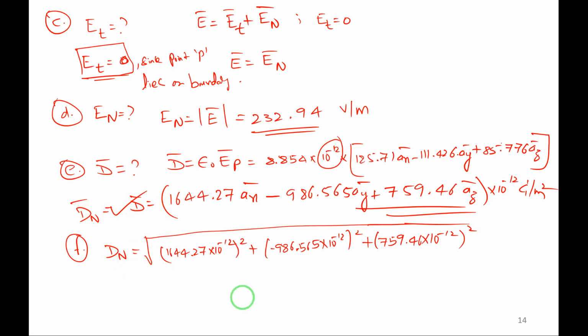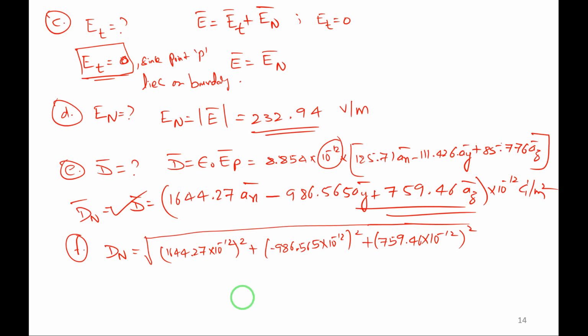So root of open bracket 1644.27 exponential minus 12, square, plus open bracket 986.565 exponential minus 12, square, plus open bracket 759.46 exponential minus 12, square, close bracket.